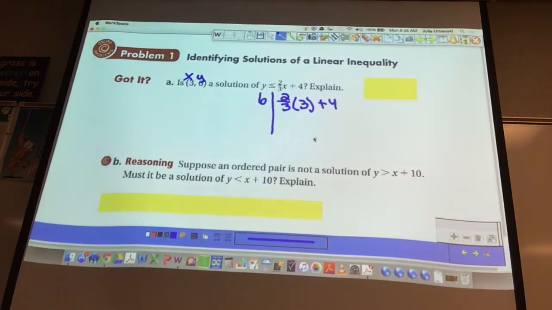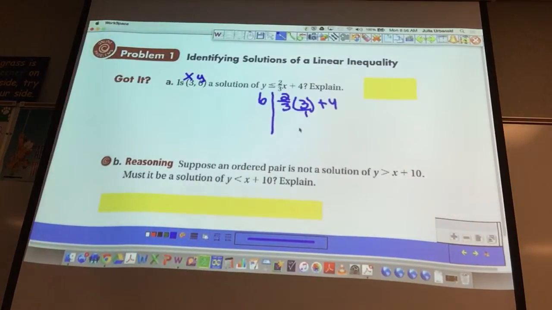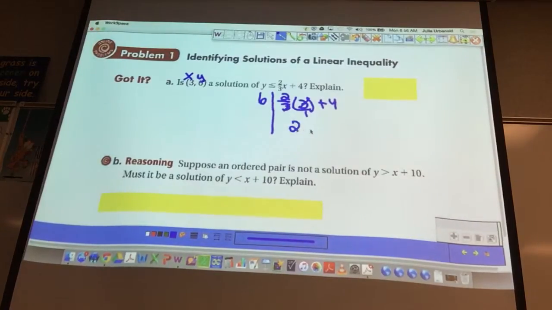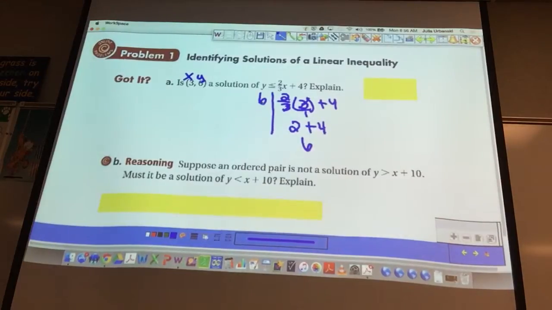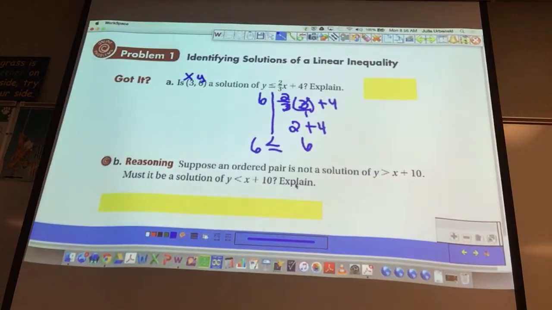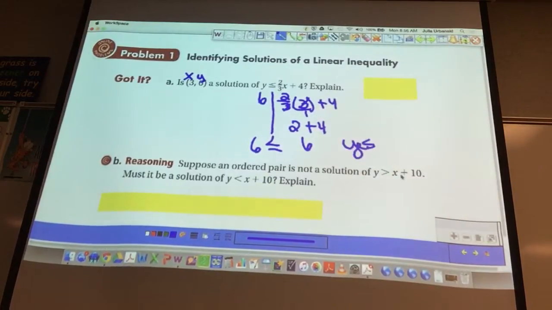Well, 2/3 times 3, I know it's a fraction, but it's not a difficult fraction. Make that 3 over 1, and what do you get? The 3's cancel, and you have 2. Plus 4, that's 6. Is 6 less than or equal to 6? Yes, because it says the or equal part. It can be anything that's smaller or equal to. So this one's yes. So therefore, it is a solution.